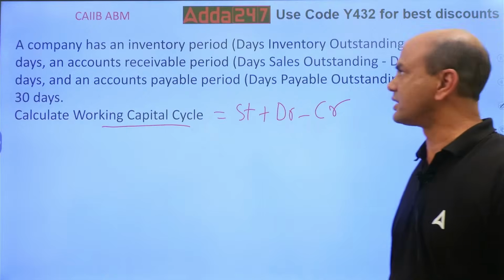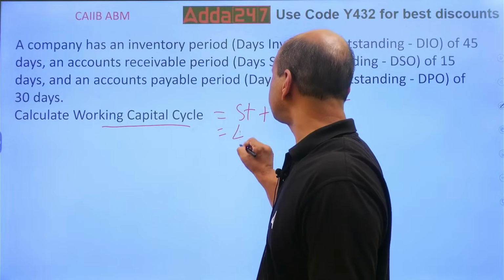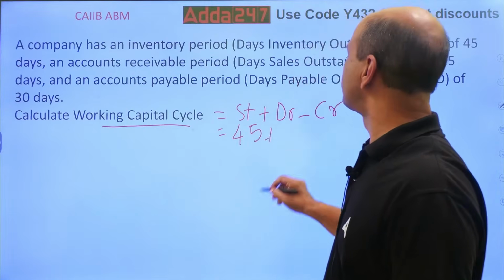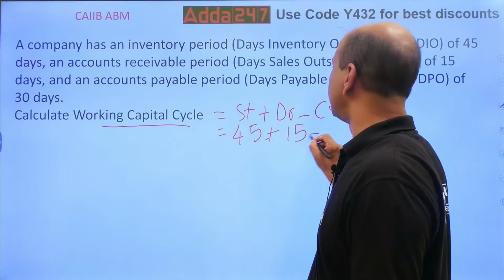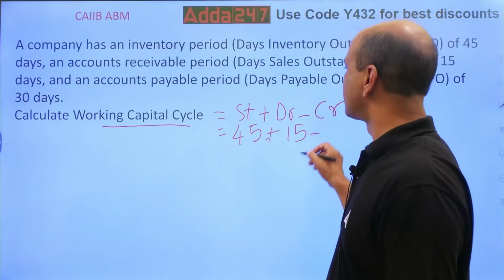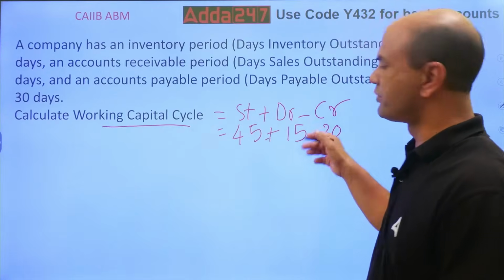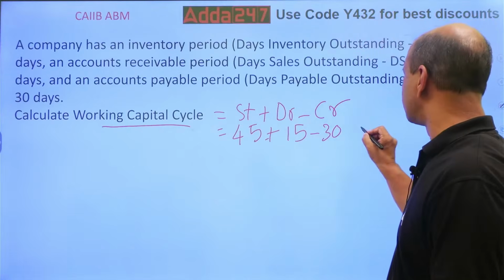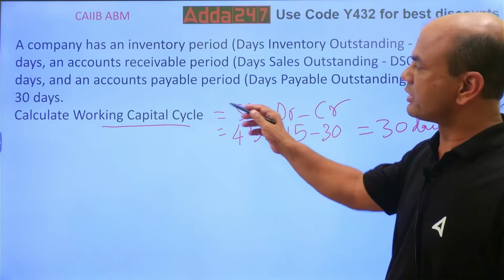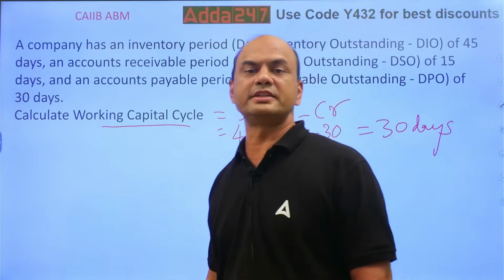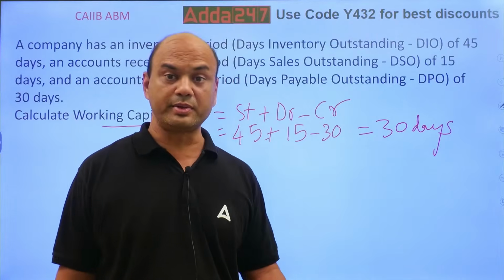So all these are days: 45 days plus debtor 15 days minus creditor 30 days. 45 plus 15 is 60, 60 minus 30 is 30. So 30 days is my working capital cycle. So what does it mean?